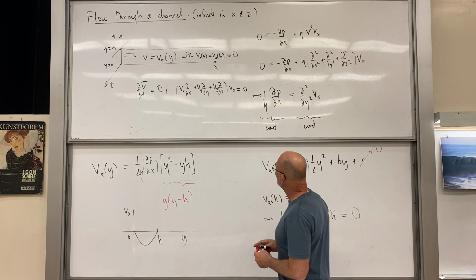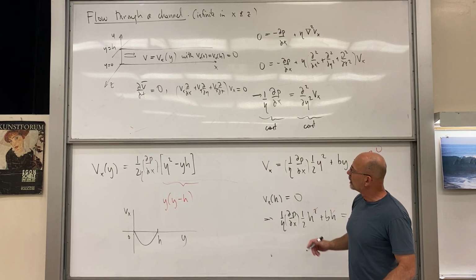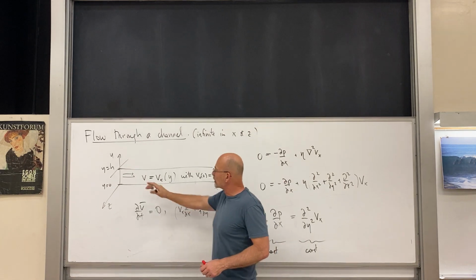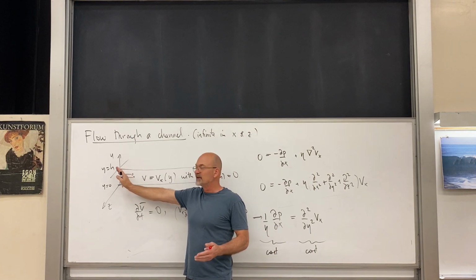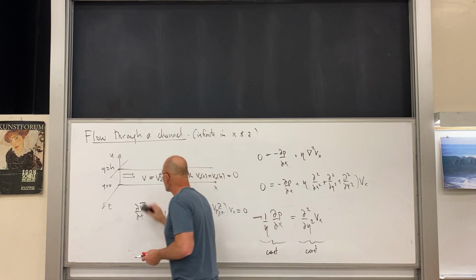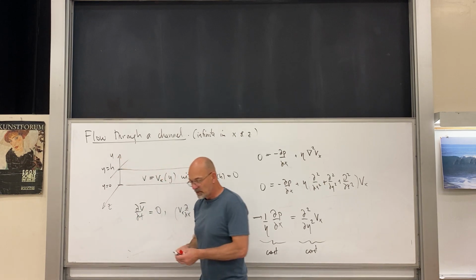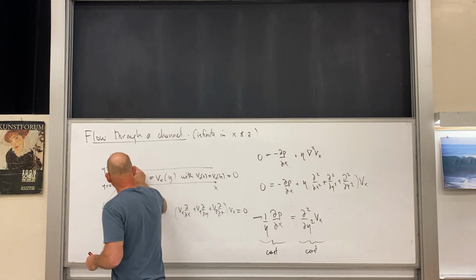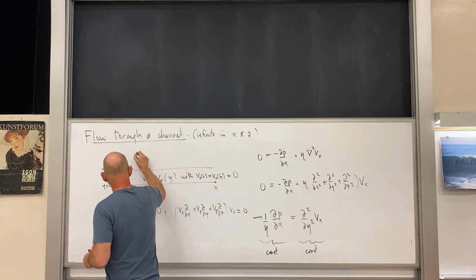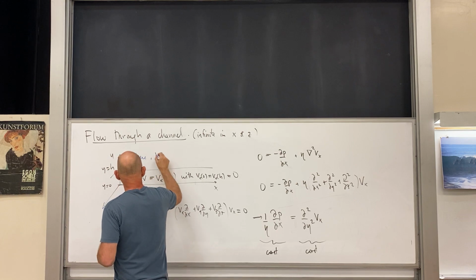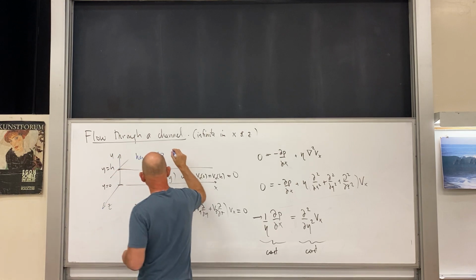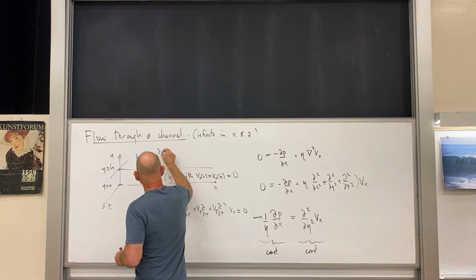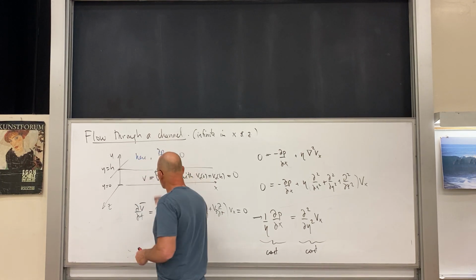Okay, so make sure we see that. There's the answer. If I were to go back to this picture here, and let's make the gradient negative, so it's flowing to the right. If I were to draw some arrows, we would have this profile. So here, dp dx is less than 0.